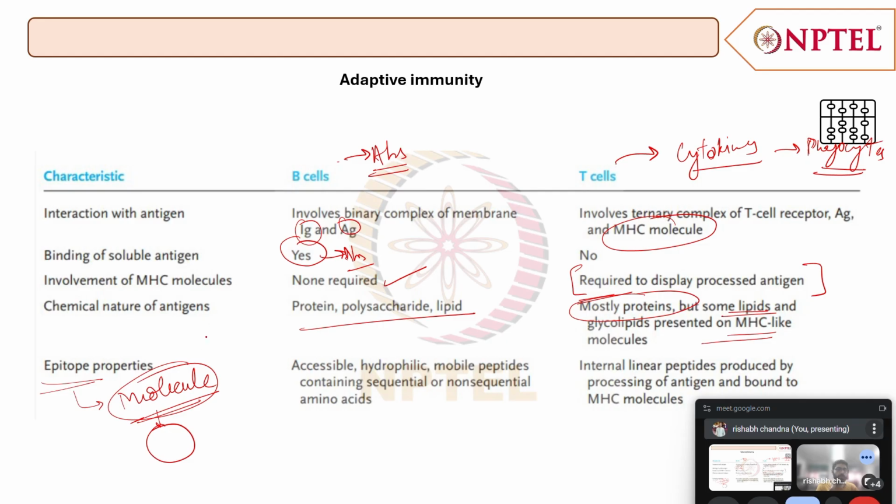The epitopes of B cells can be accessible, hydrophilic, mobile peptides containing sequential or non-sequential amino acids, while for T cells there are linear peptides that have been processed during MHC presentation and are bound to the MHC molecules. So these are the differences between how B and T cells function. We will see these in detail in a couple of slides over the next few weeks.